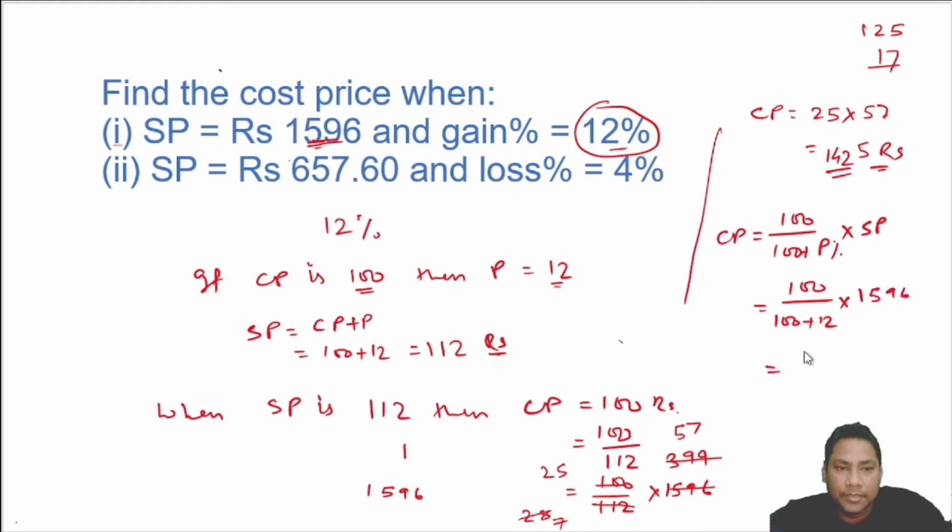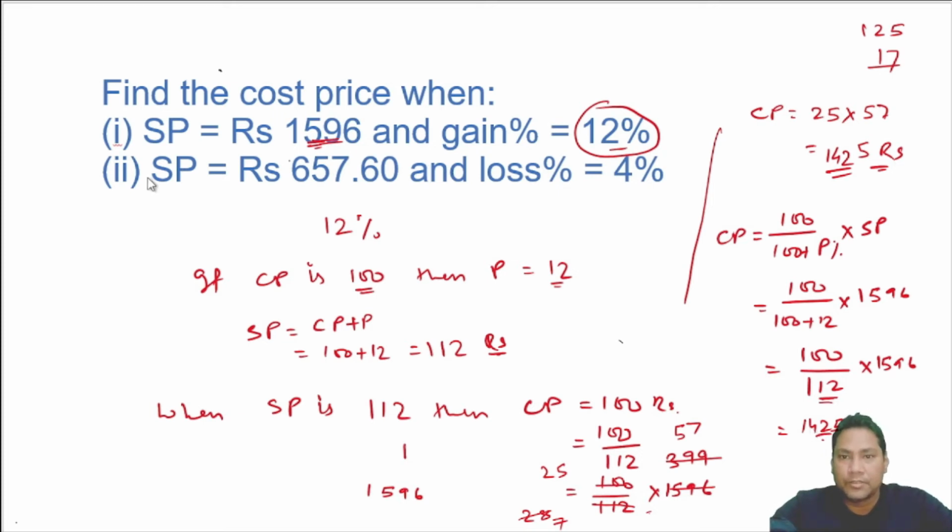This will become 100 upon 112 multiplied by 1596. Now we got the same value here and here. That will also become 1425. So friend, these are the approaches to solving this type of problem.